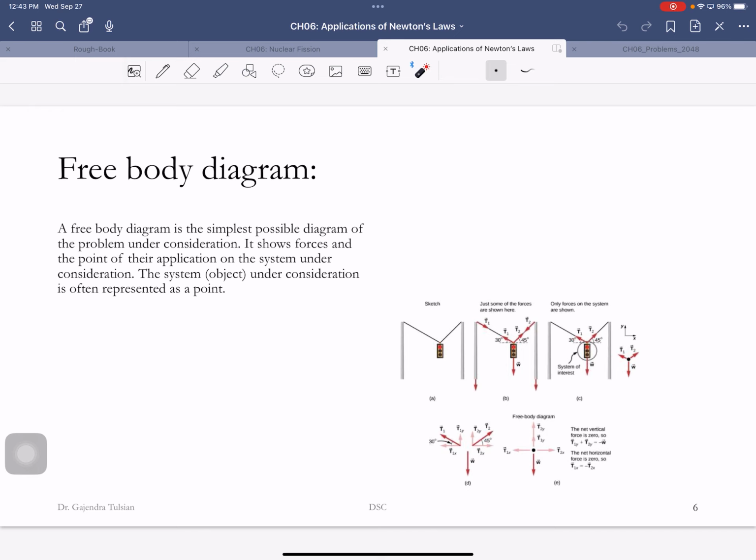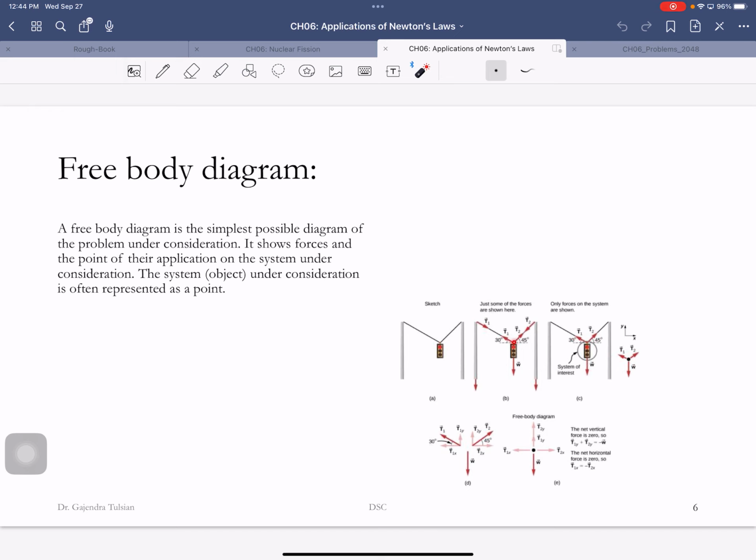Now in this diagram, the author treats this as a point object. And that's what we call the free body diagram, but it's more correctly the knot that is the point object. Now, if you don't want this falling, you don't want the knot moving. So what are the three forces on the knot? The weight of the object, the tension in this string, and the tension in that string.